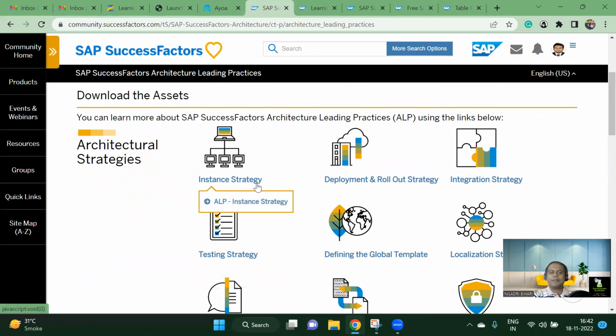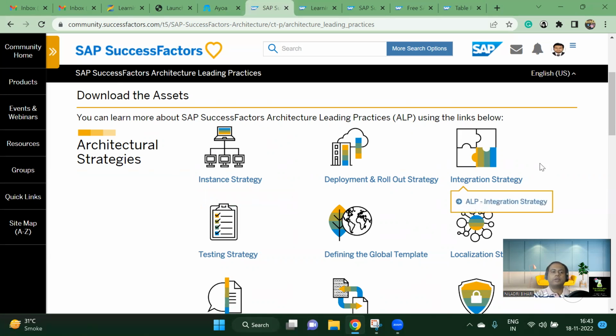I understand people have all those documents on their laptops, but many times they do not go through them, only the essential parts as an overview. But as a consultant or a future architect, you should always refer to the strategy documents. Maybe your organization's strategy is slightly different, but this is a guiding principle. SAP is also not saying that you have to follow it 100%, but it is a guiding North Star for any decisions you make.